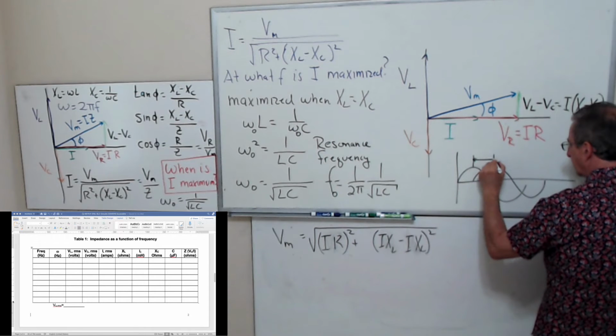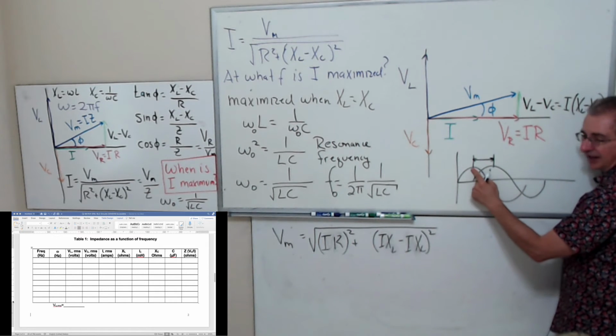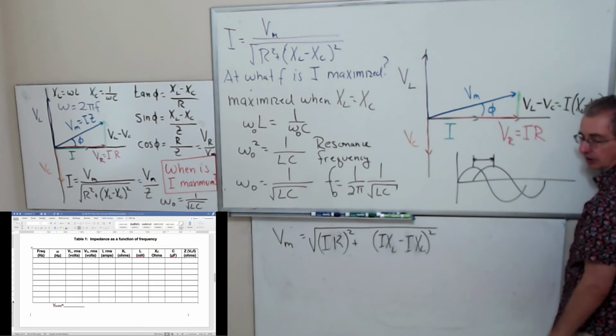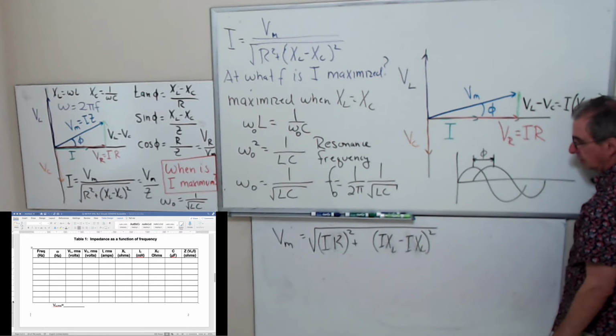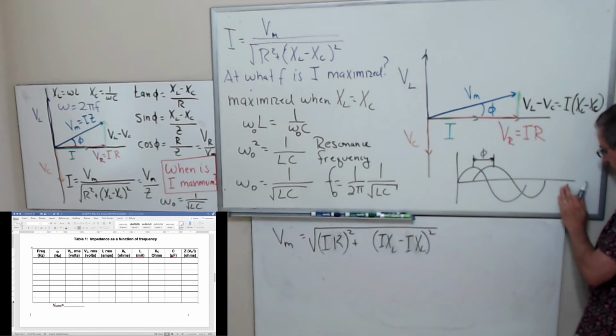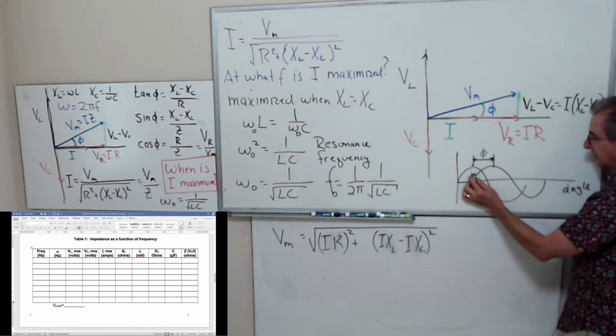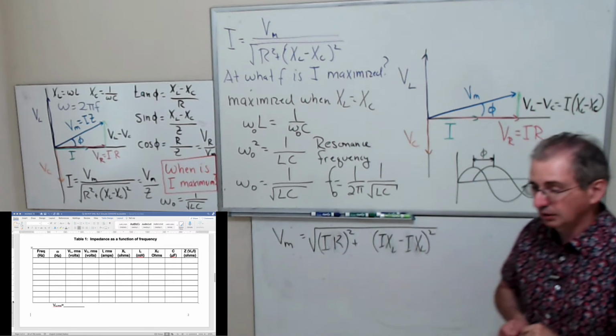The phase difference is really an angle, the difference in which these peaks occur. If you plotted this as a function of angle, the phase difference is the difference in where the peaks occur in angle.